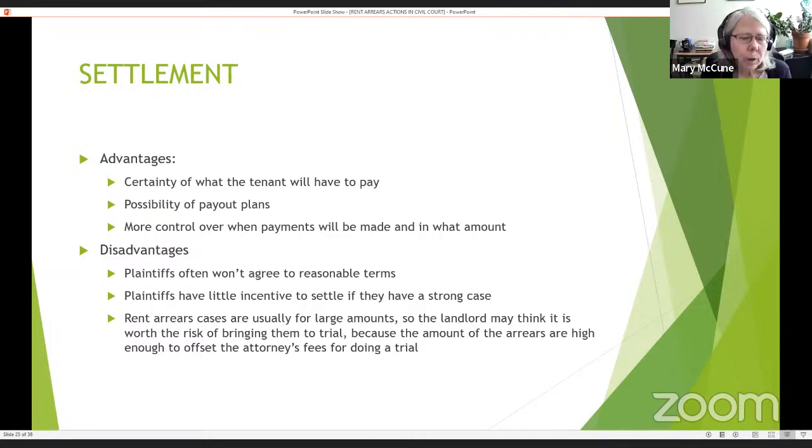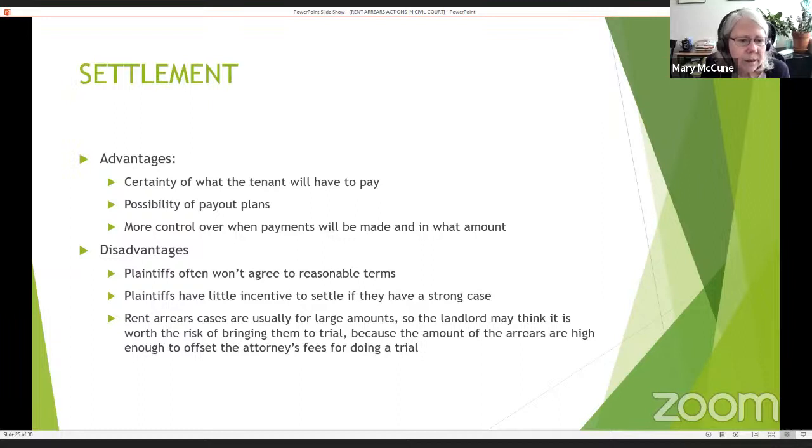Also, in a settlement, you can build in terms that say how you pay the money. So maybe instead of having to pay it all at once, you'll pay a certain amount per month. You'll have more control over when payments will be made and in what amount. And obviously you can sometimes get them to accept less than what they claim you owe.